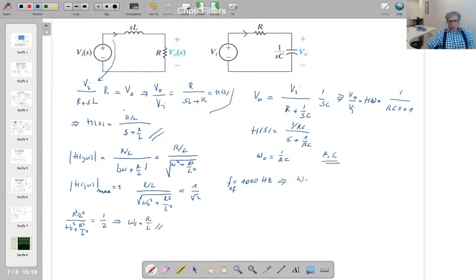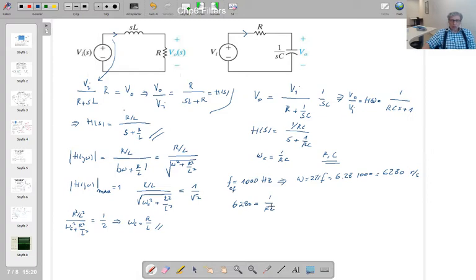Omega is equal to 2 pi f. This is 6.28 times 1000, so it is 6280, which is omega in radians per second. So 6280 is equal to 1 over RC.